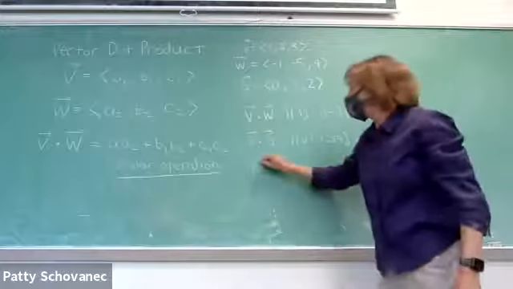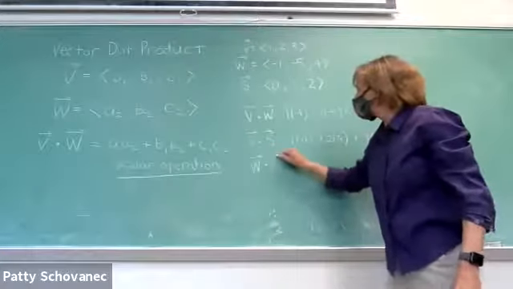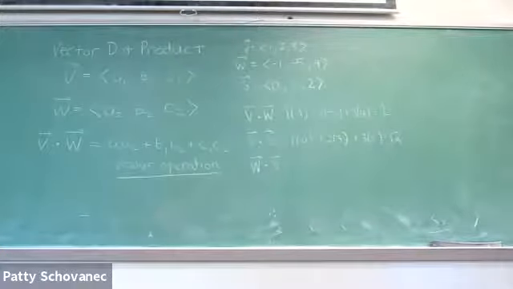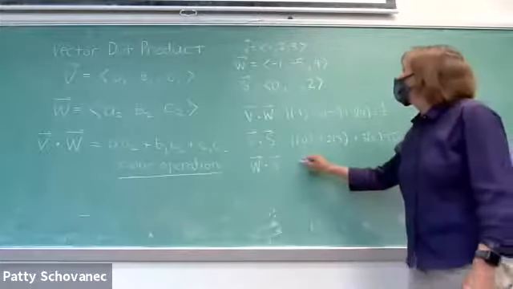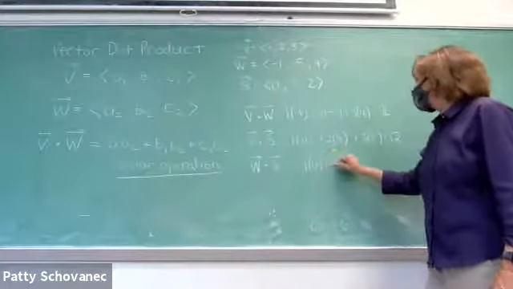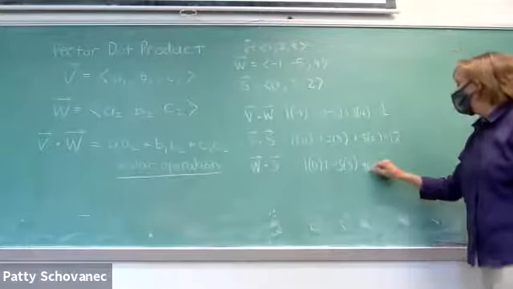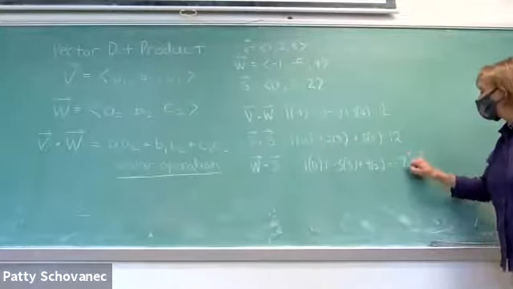All right, how about W dotted with S? -1 times 0 plus -5 times 3 plus 4 times 2. So -15 plus 8 is -7.